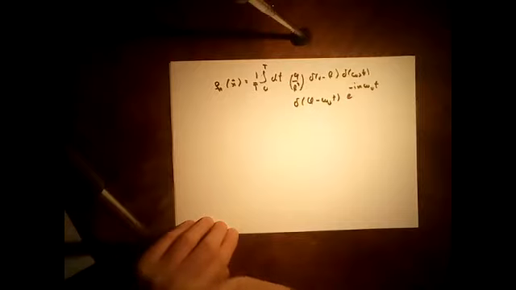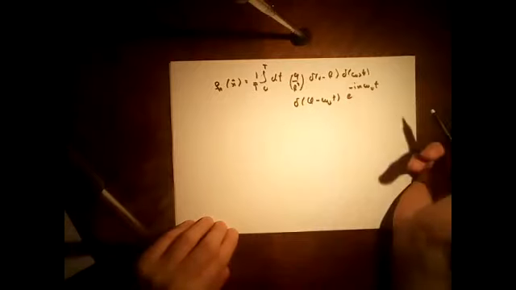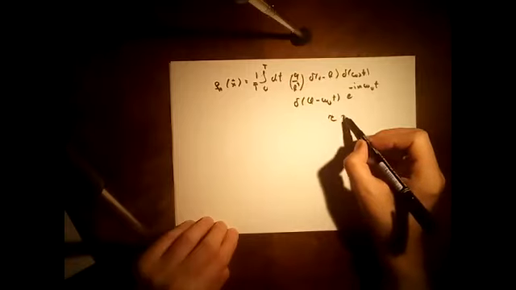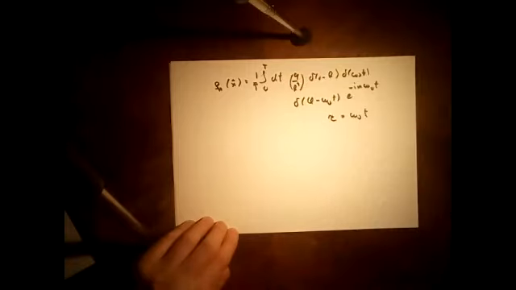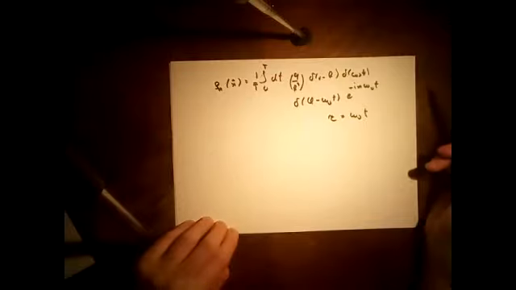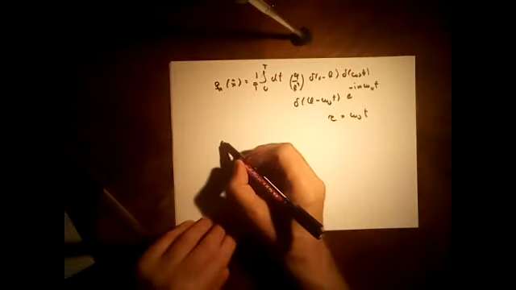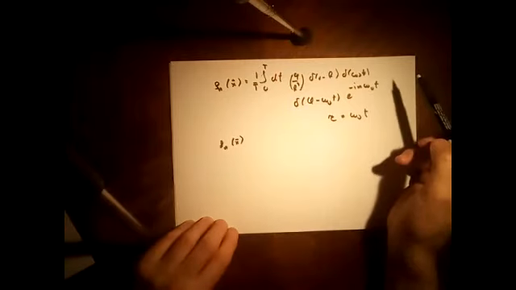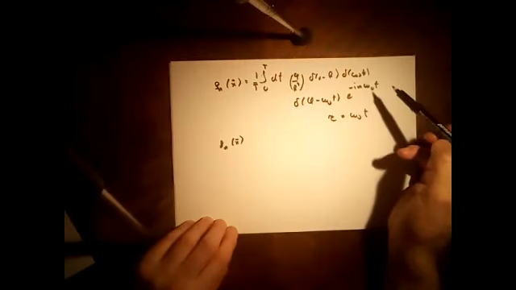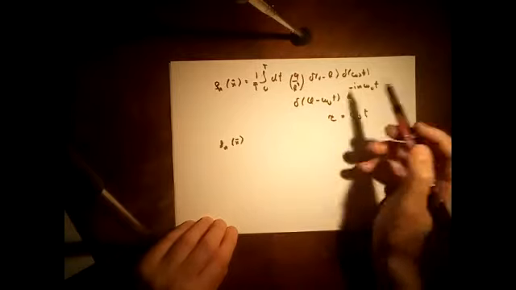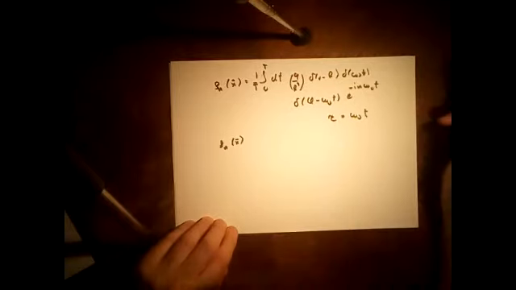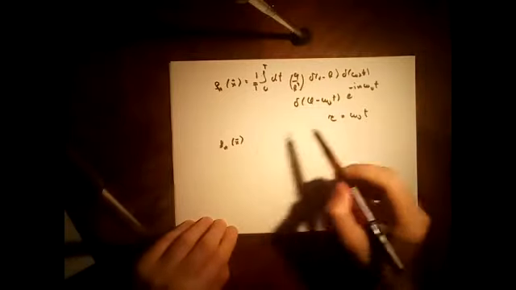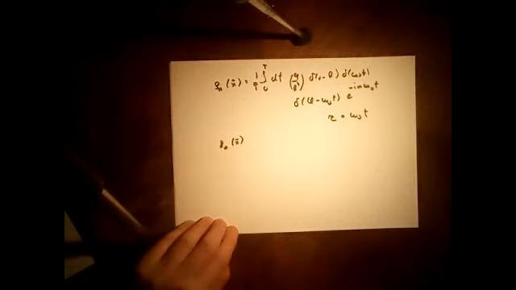I think the easiest way to deal with it is to introduce a new variable. Let's call it tau, which is omega 0 t. And if you do that, basically what's going to happen if you switch to this variable tau equals omega 0 t is, let me write this explicitly.